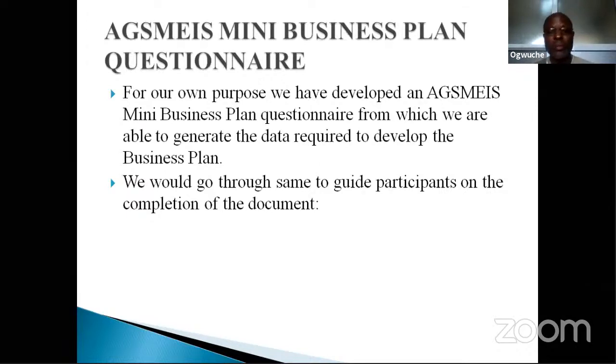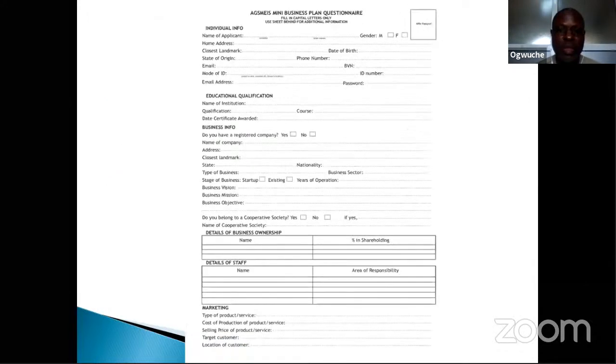So this particular form that we'll be looking at now is a questionnaire form, and we are the ones who developed that one. The information you provide on that questionnaire is what we use in developing the business plan for you. So we'll go through the same form now, just so as to be able to guide participants on that particular questionnaire.